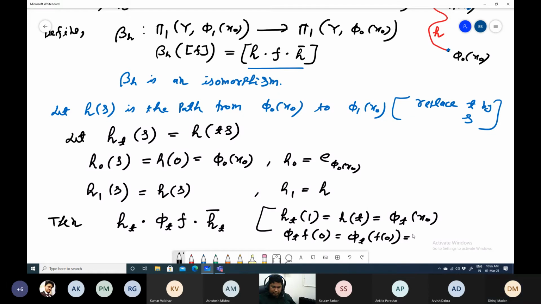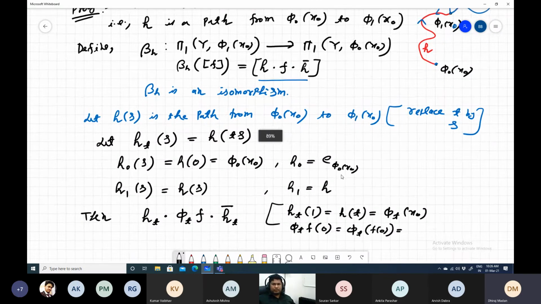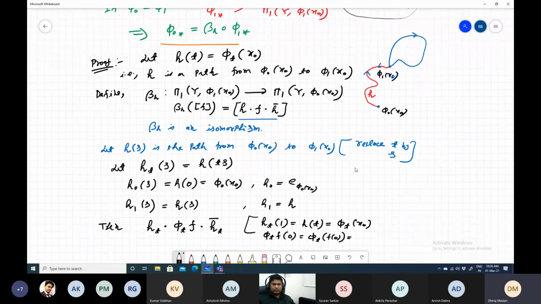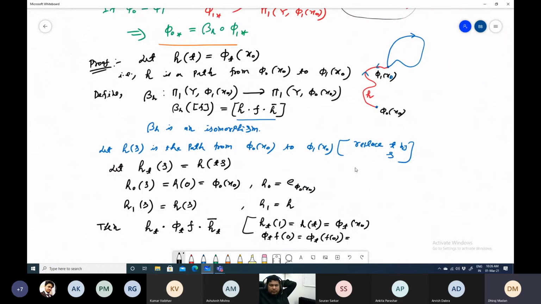No, I'm now getting confused. What am I doing here? f was a loop based at x0, so f0 is x0. Actually, f was a loop from pi 1 x0, so it was based at x0. Actually, so that is phi 1 x0.